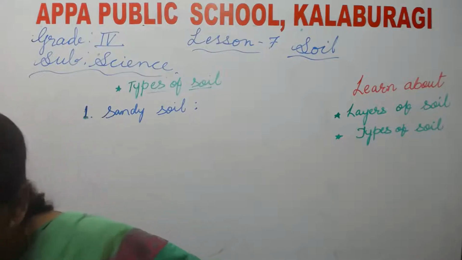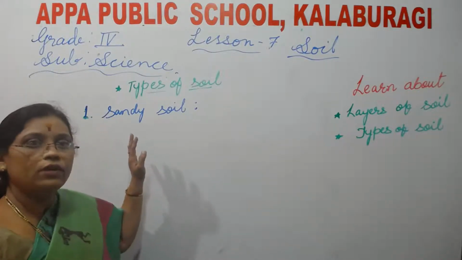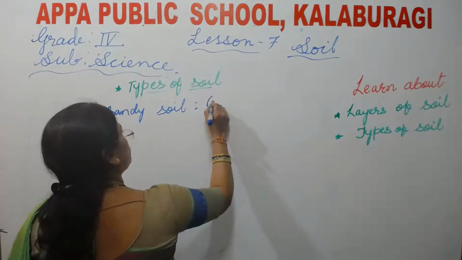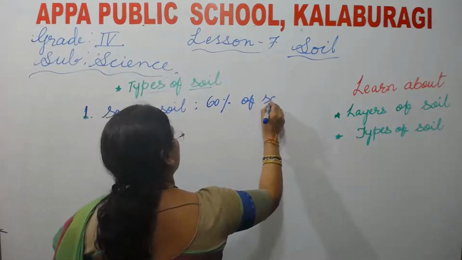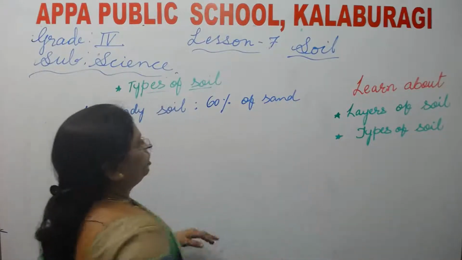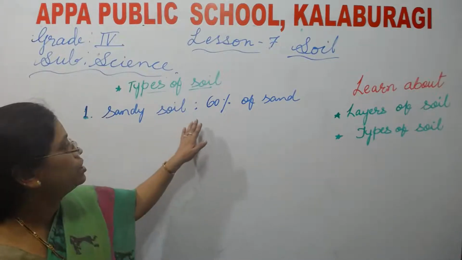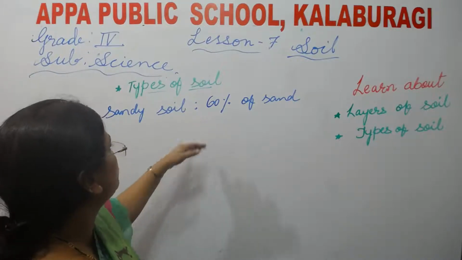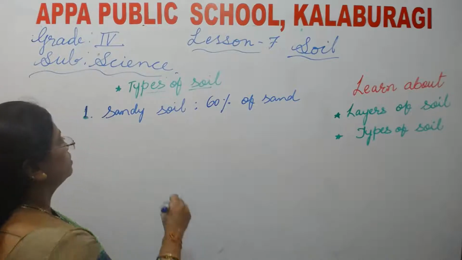Sandy soil is made up of 60% sand and the remaining will be clay particles. Understood? So this sandy soil is porous.